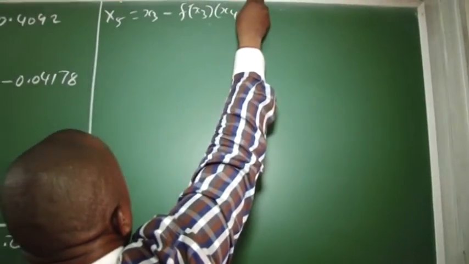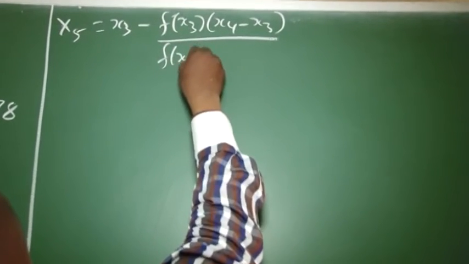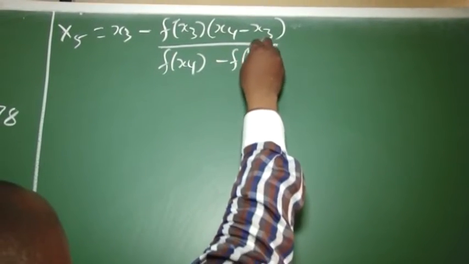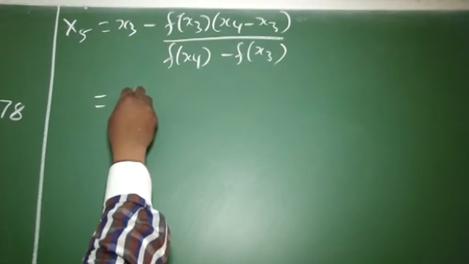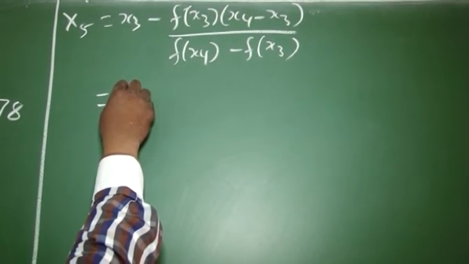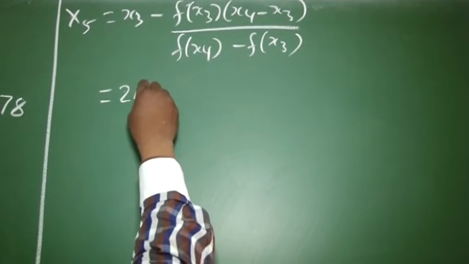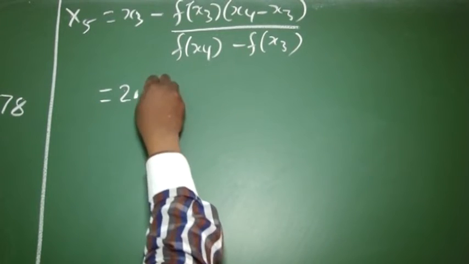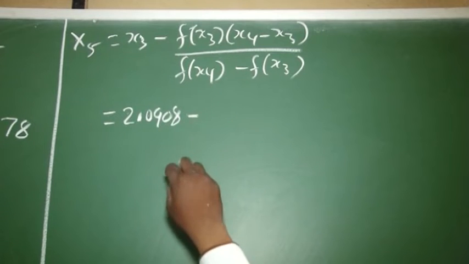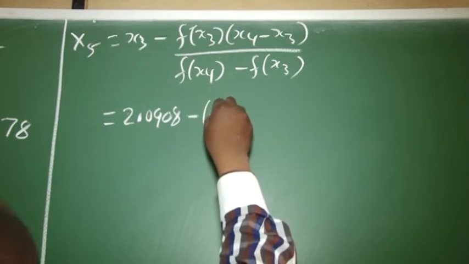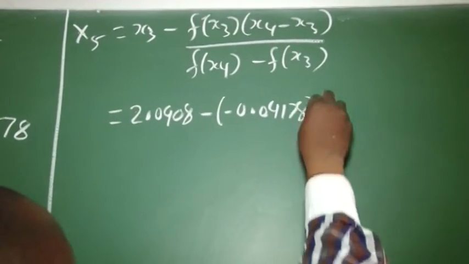Now we'll look for x5, and that will be x3 minus f of x3, then we have x4 minus x3 over f of x4 minus f of x3. Okay, x3 is 2.0908 minus f of x3, which is minus 0.04178.